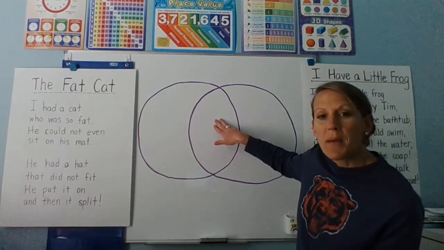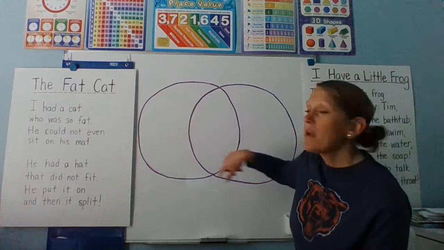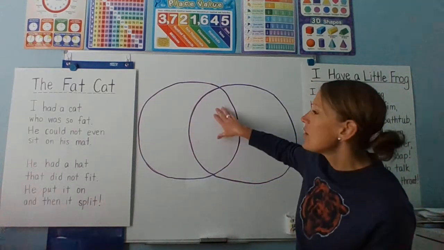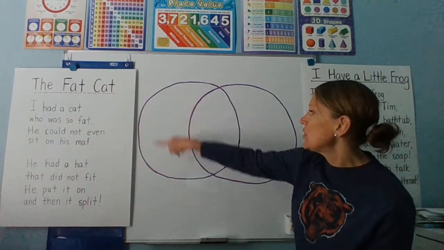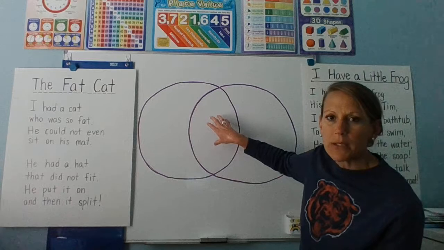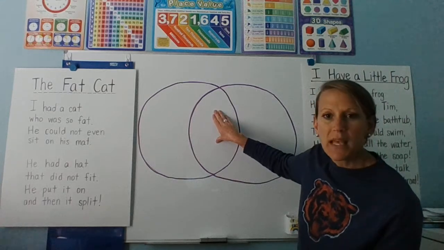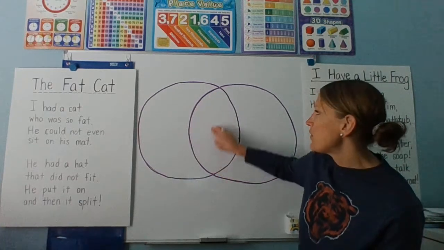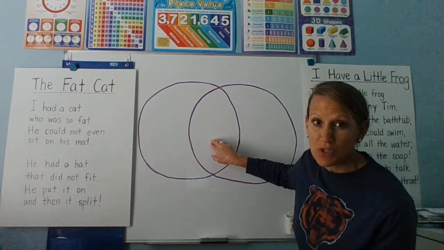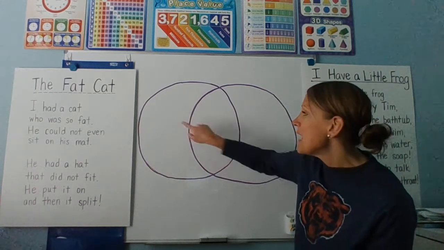If you have seen this before, you have probably done comparing and contrasting before. So this is called a Venn diagram, where you use two circles if you're comparing two things, and they meet in the middle. And in the middle is where we put the things that are alike, or the things that are the same about the two things that you're comparing.